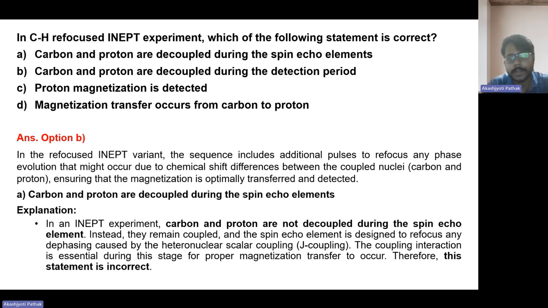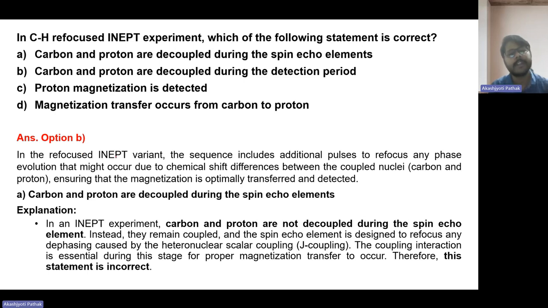The correct option is option B. If you have understood the past two concepts on INEPT and INEPT plus along with the lecture classes, this was the recapitulation of those concepts that were discussed in week 9.